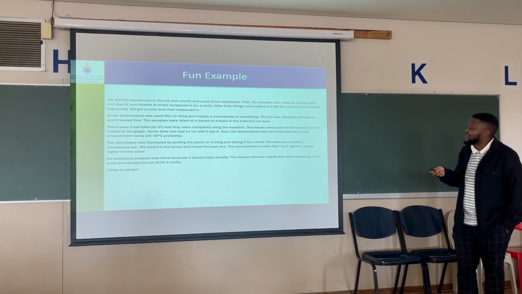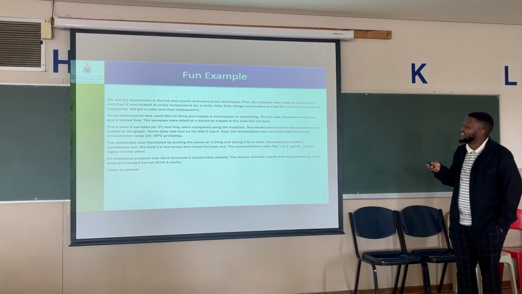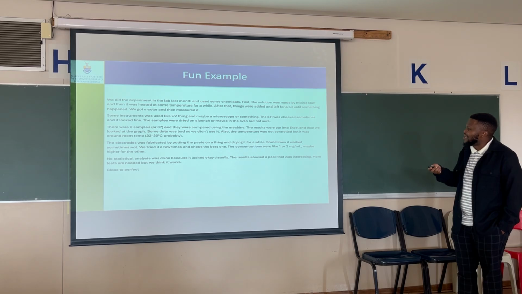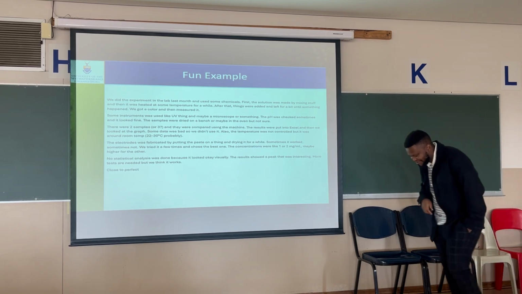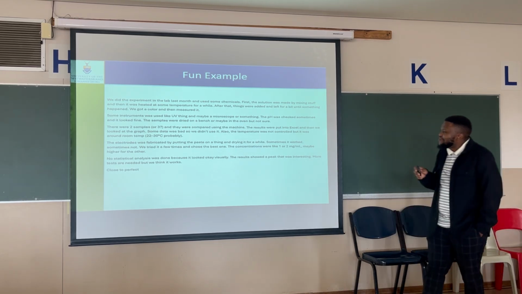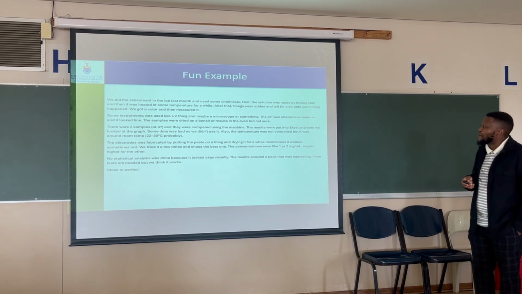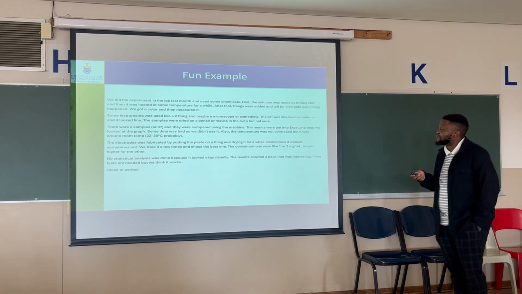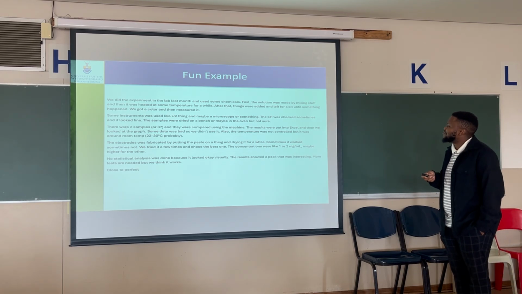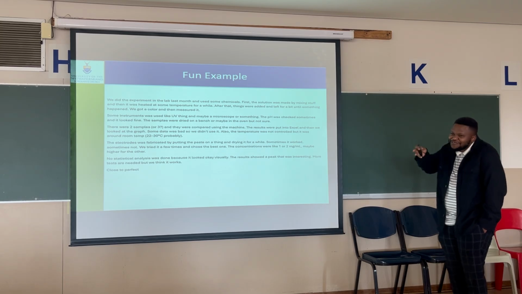The pH was checked sometimes and it looked fine. The samples were dried on a bench, or maybe it didn't happen, not sure. There were 2 samples, maybe 3, and they were compared using the machine. The results were put into Excel and then we looked at the graph. Some data was bad, so we didn't use it. Also, the temperature was not controlled, but it was around 22 to 30 degrees.